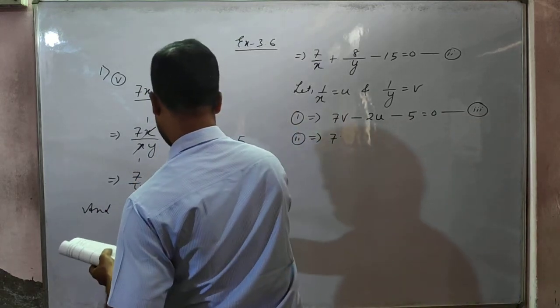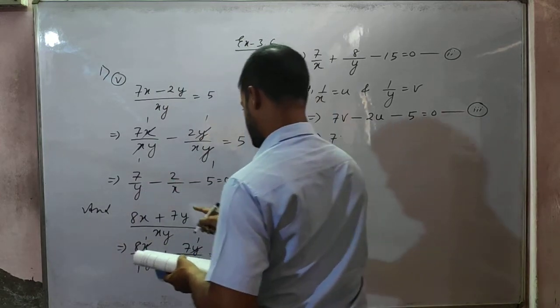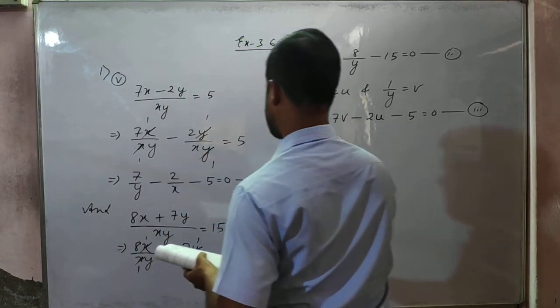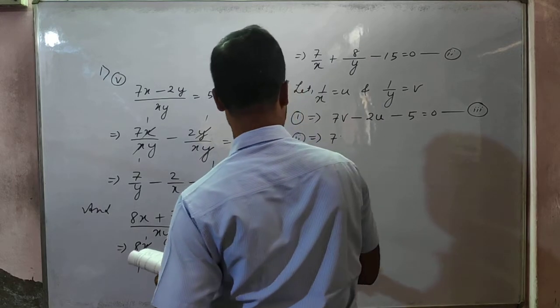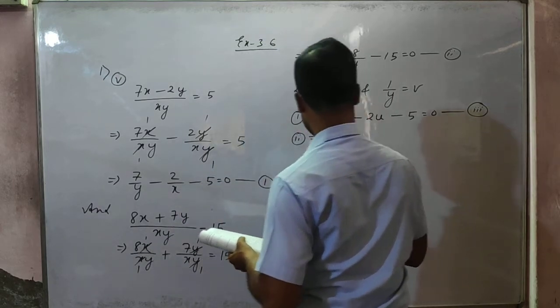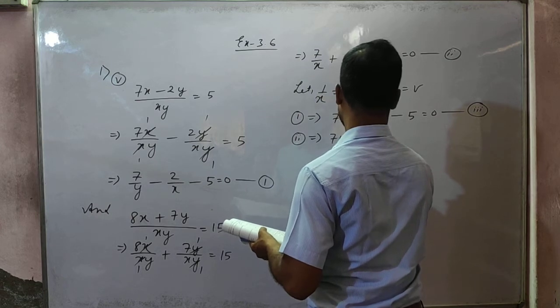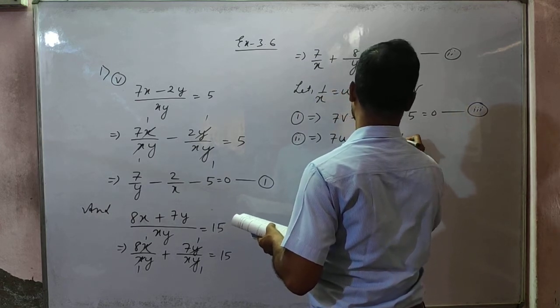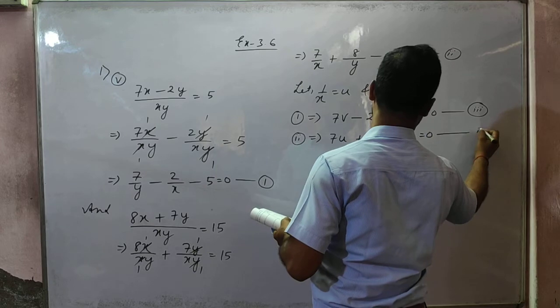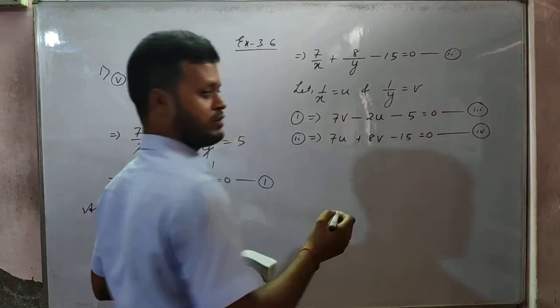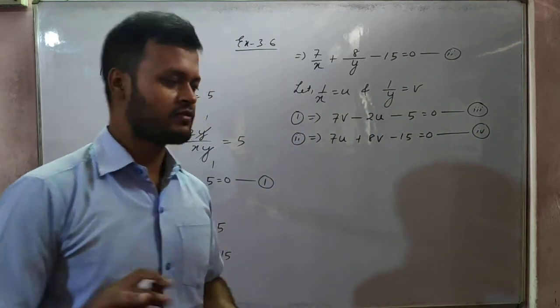And here also 8x plus 7y by xy, so 8x by xy, x is cancelled. Okay, no problem. So here it is 7u plus 8v minus 15 is equal to 0. Okay, then how we generally solve, that way only you will solve.